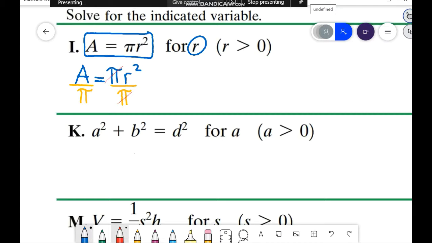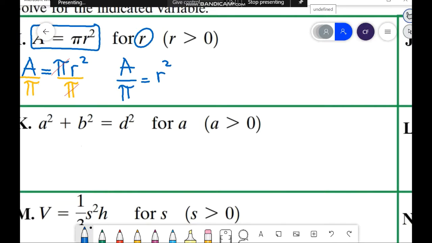This can be simplified, and you're going to have A over pi equals r squared. You can switch sides, it doesn't change anything, right? A over pi, and apply on both sides of the equation the square root property. And pay attention, you don't need the positive or negative here, because radius is going to be greater than 0.